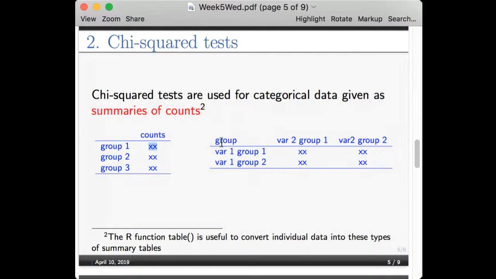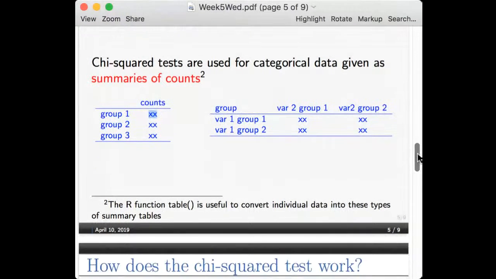What we're interested in is whether variable 1 is independent of variable 2, or are they associated? Those are the types of questions you're asking. That might be a bit abstract at the moment, so let's look at something more specific.